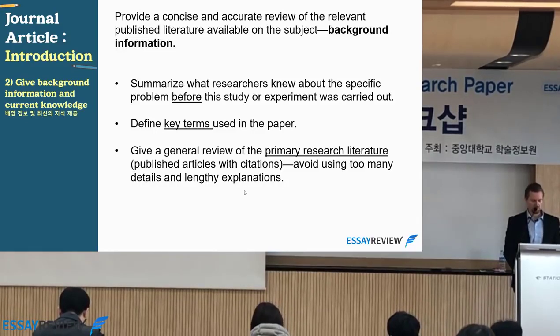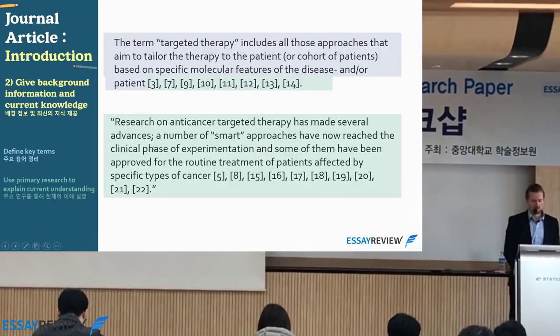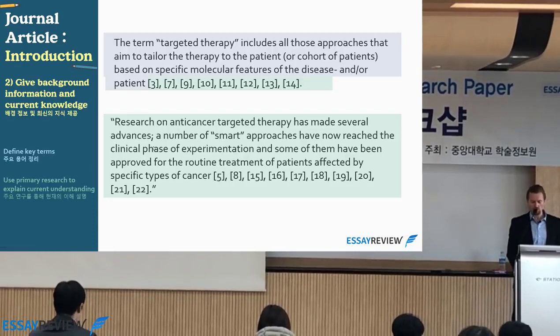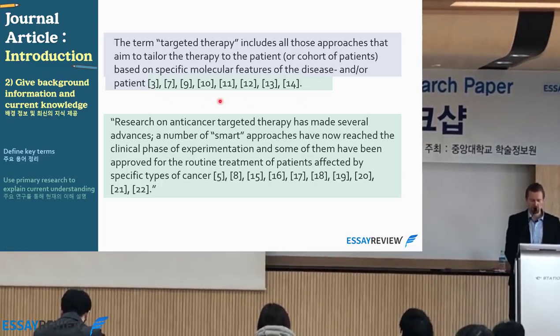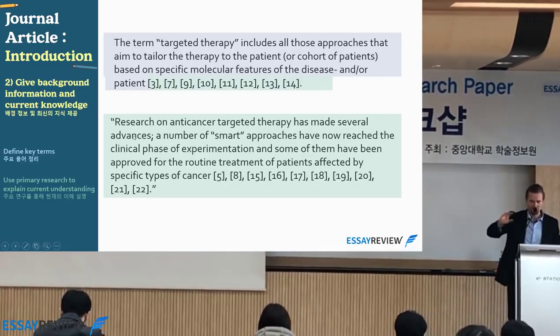Okay, continuing in the introduction, this is still the introduction of the same paper. The author defines the term targeted therapy: the term targeted therapy includes all those approaches that aim to tailor the therapy to the patient. And then they have citations, right? This is a general explanation. They haven't discussed every single study.